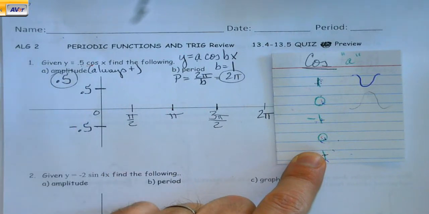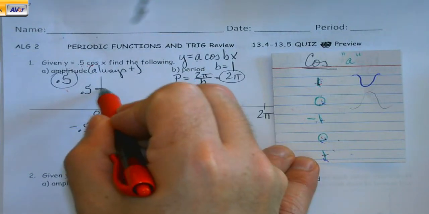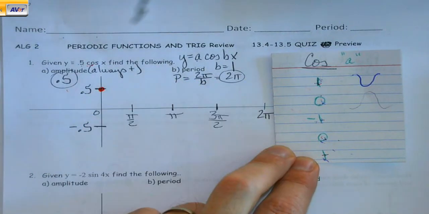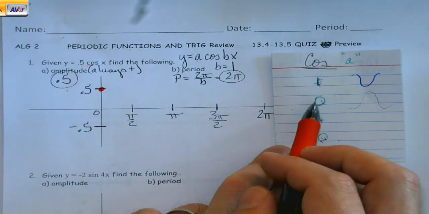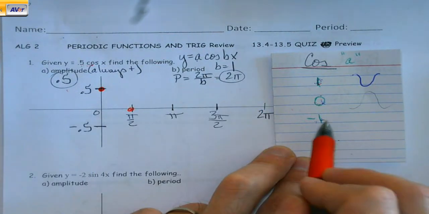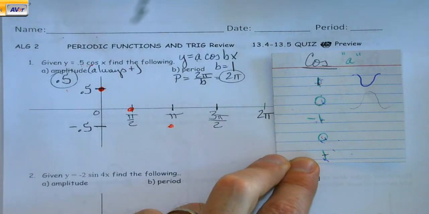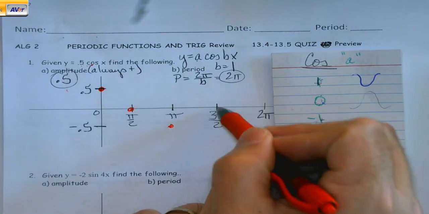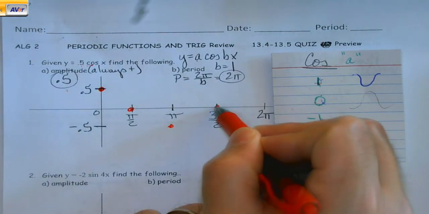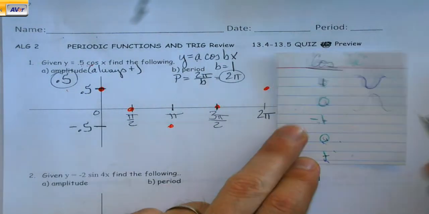So I grab my calculator, use my brain, whatever I have to here. 1 times 0.5 is 0.5, so there's my first point. 0 times 0.5 is 0. Negative 1 times 0.5 is negative 0.5. 0 times 0.5 is 0. And 1 times 0.5 is 0.5.